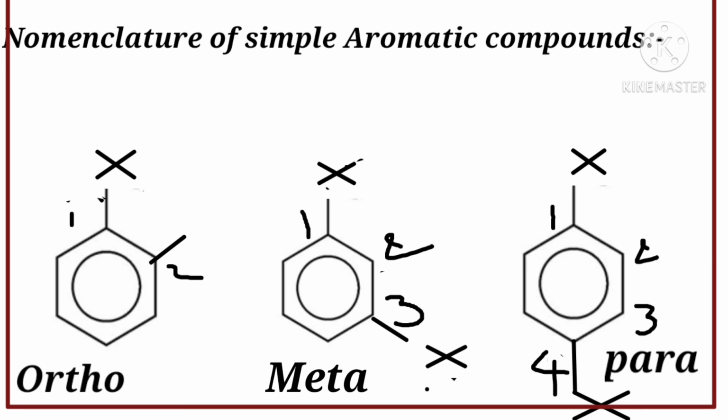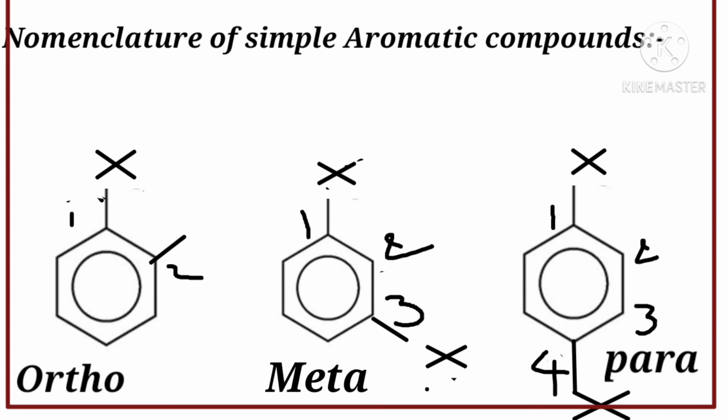In ortho, or 1,2, the compound is said to be ortho if the 2 substituents are on adjacent carbon atoms. So this represents the ortho position. In the benzene nucleus containing 1,2, if the 2 substituents are present on adjacent carbon atoms, that represents the ortho position.